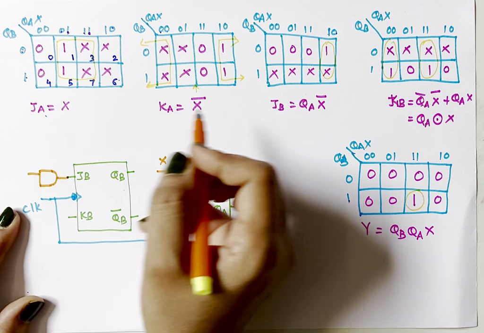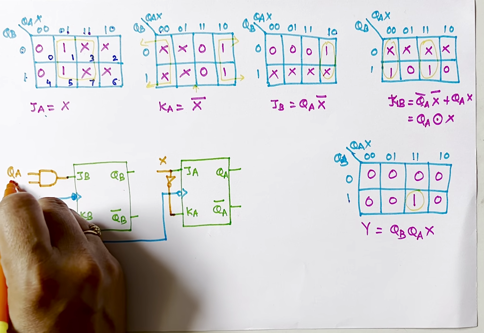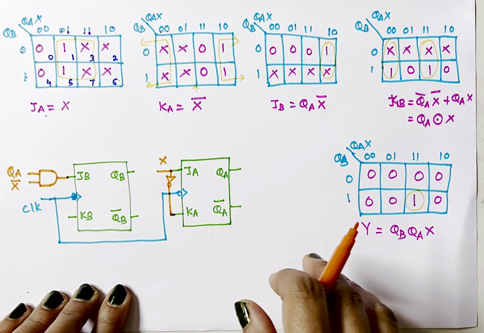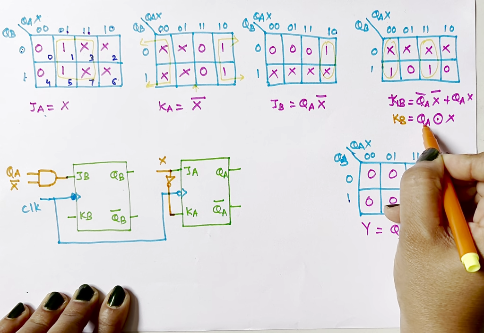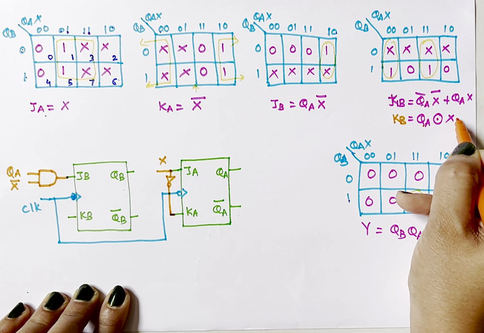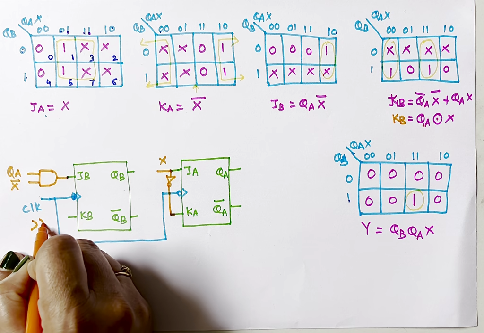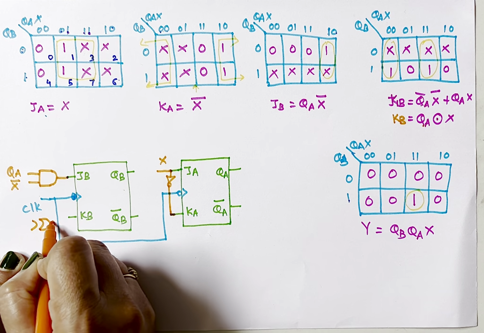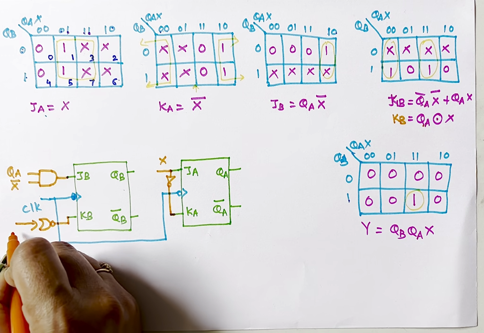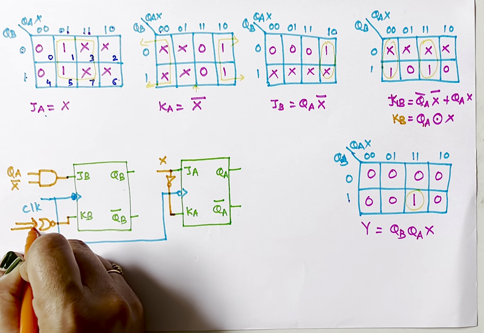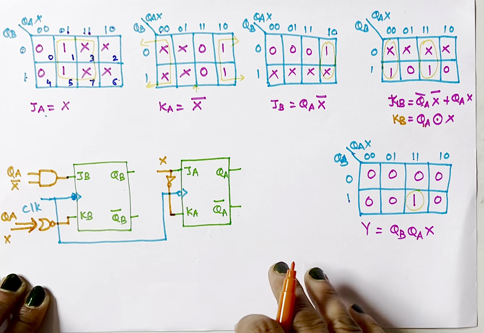One input is QA and another input is X bar. Then KB. My KB is QA XNOR X, so I'll have to take an XNOR gate. XNOR for KB, and inputs are, one input is QA, another input is X.